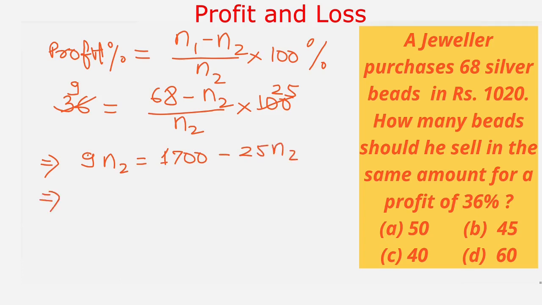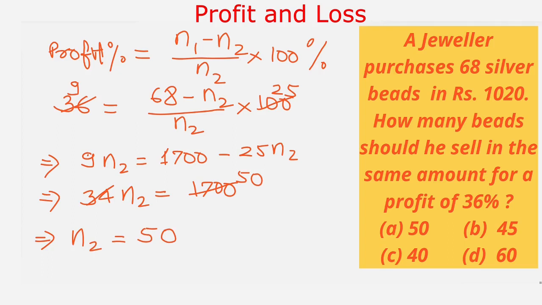On transferring 25 N2, we get 9 plus 25 is 34 N2 equal to 1700. 34 divides 1700 for 50 times, giving the value of N2 equal to 50. Thus, for the same amount of 1020 for a profit of 36%, we must sell 50 beads. And from the given options, our answer is option A.